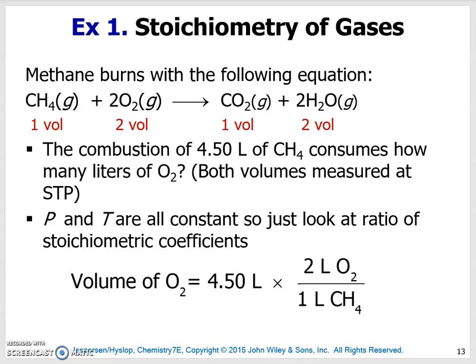And when we multiply 4.5 times 2, we get 9.00. And we do get 3 significant digits because stoichiometric ratios are exact. And that's the answer.